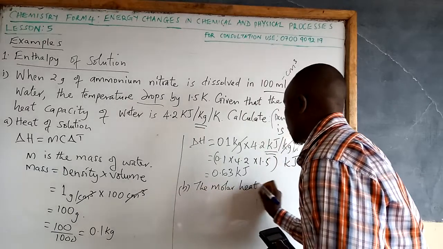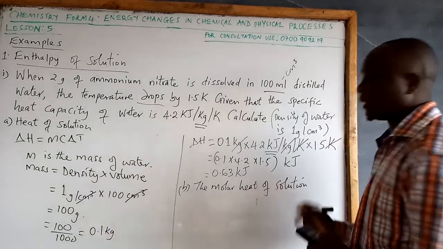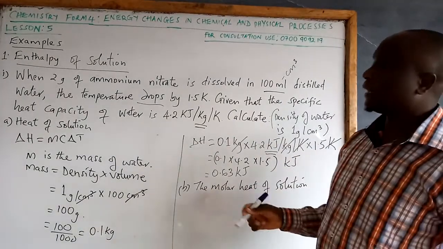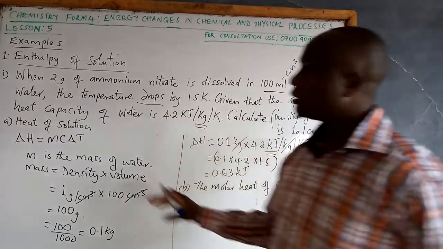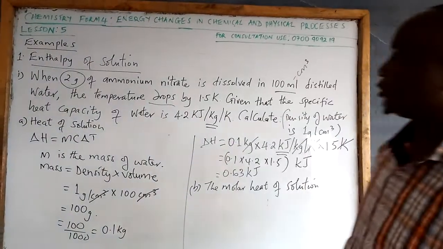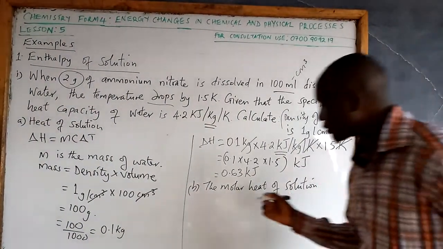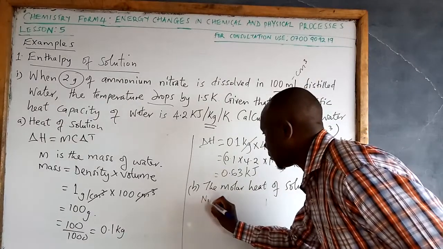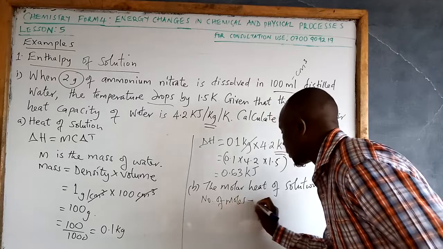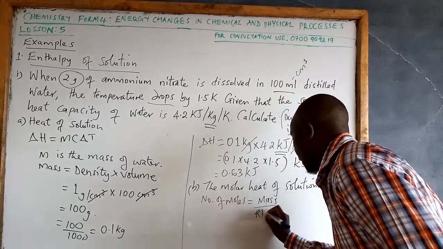Then at B, we have to calculate the molar heat of solution. To calculate the molar heat of solution, you determine the number of moles present in the mass given. The mass given here was 2 grams. So to get the number of moles, we use the expression mass over RFM.